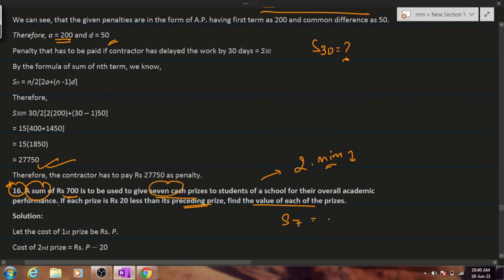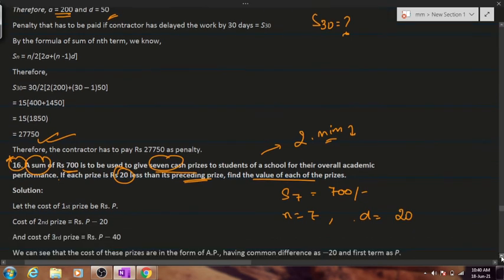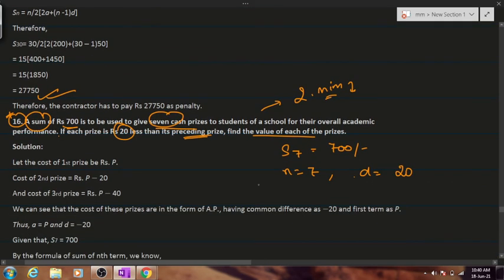S7 has been given as 700 rupees. Clear? n is equal to obviously 7 and d over here is 20 less, right? If you take it in reverse, you'll take it as minus 20 because it's decreasing. Each prize is 20 less than the preceding prize, so d will be equal to minus 20.